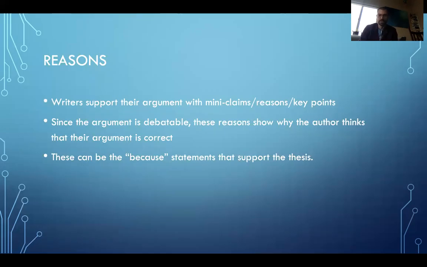So, like I was just saying, looking at the chart, writers support their argument with mini claims. Those reasons tend to be mini claims. So, donuts are cheap is also a claim, and it's a claim that goes under your thesis. So, your claim should be debatable, like I said earlier, and these reasons should show why you think that the argument you're making is true. Like I said, these are often because statements.